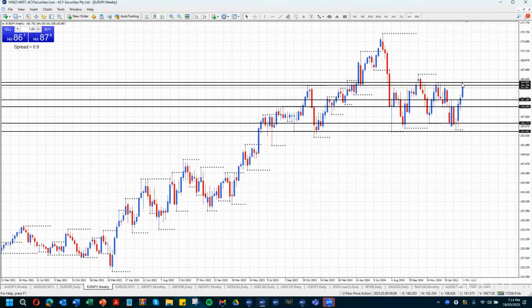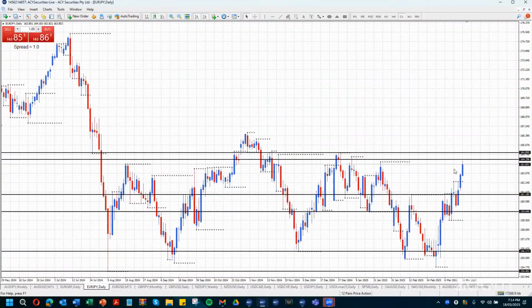So I would allow this to come up to the resistance area and then see on my day chart, do we reject up here? And then can I start seeing a lower time frame setup that I like? All right, so we're coming into a sell zone at the moment.